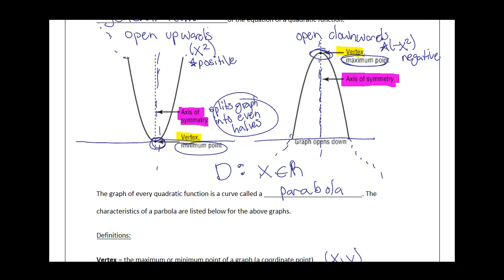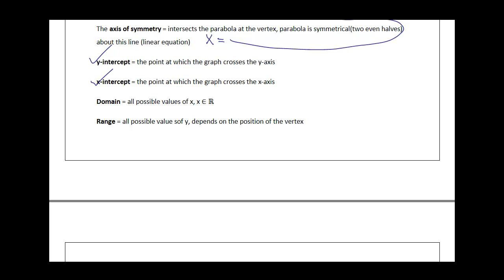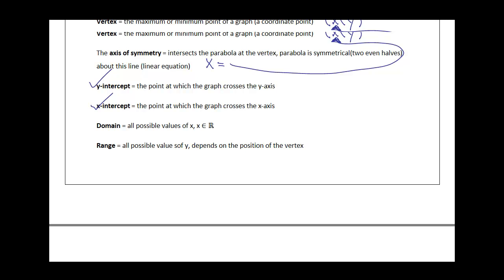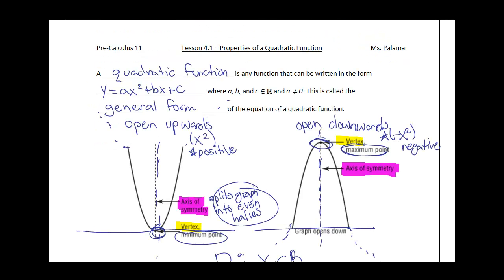Now the range, however, is a little different. Range is all possible values of y, and it depends on the position of the vertex. If we go back and look again at our parabolas, we have our minimum point and our maximum point, which are either our smallest points or our highest points for our y values.